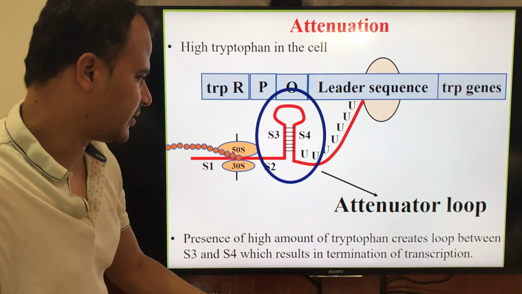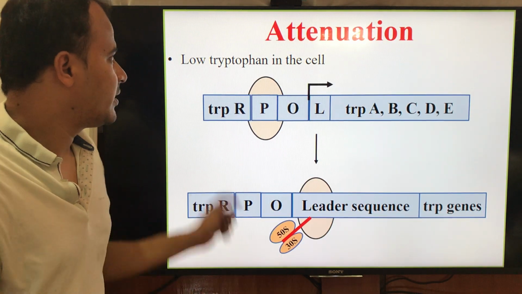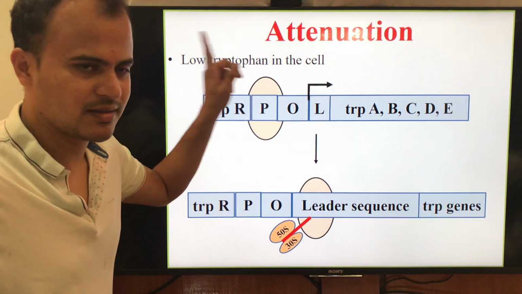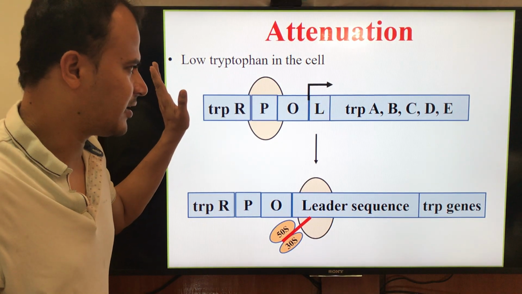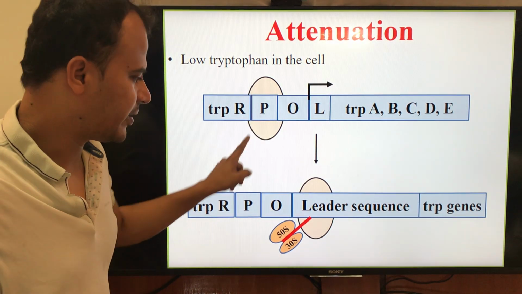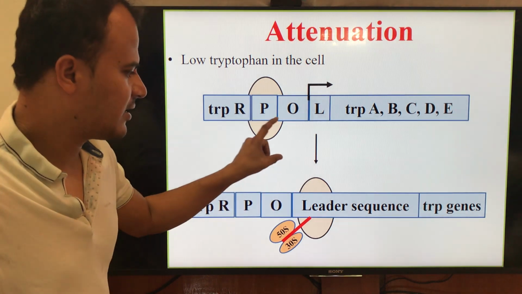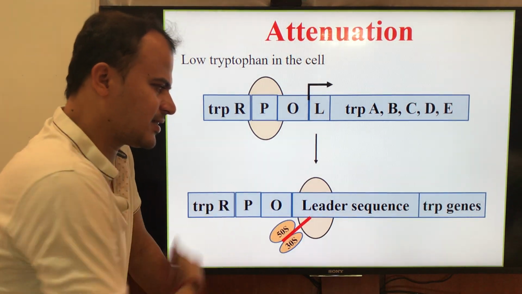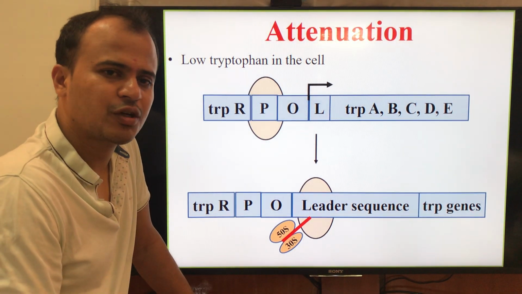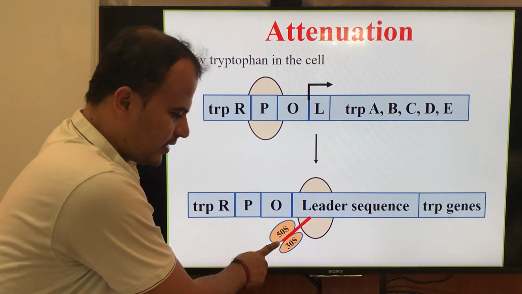So in the other condition, in the low tryptophan in the cell, if there is a low amount of tryptophan in the cell, exactly, the promoter is recognized by the RNA polymerase. It starts to scan the operator and it crosses the leader sequence. Yes, there is a formation of the mRNA.